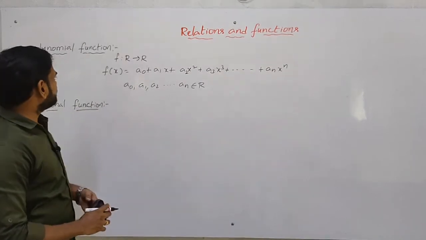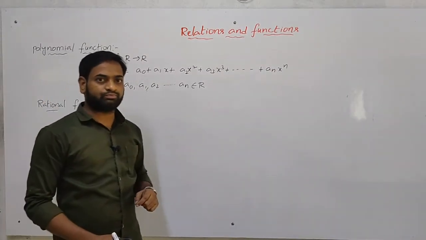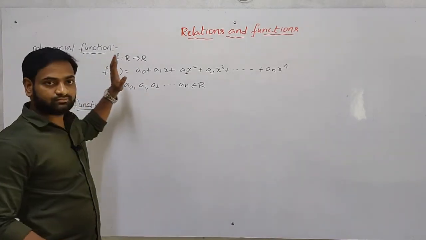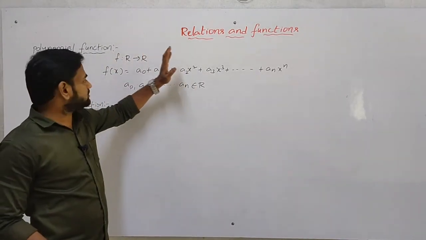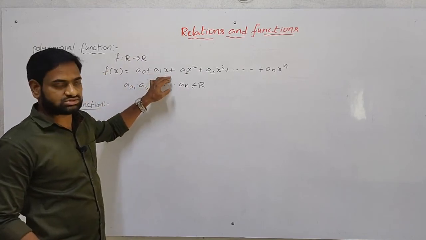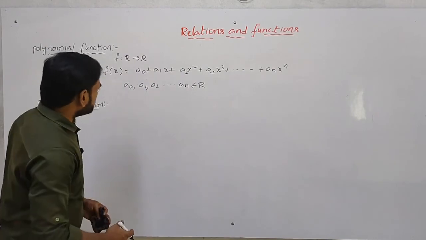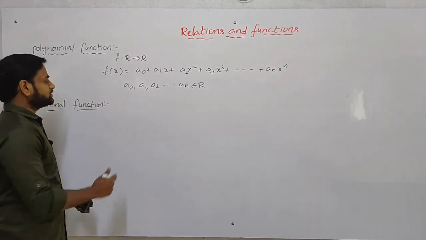So the function f from R to R is said to be a polynomial function if f of x equal to a0 plus a1x and so on an x power n. Now see the example for this one.